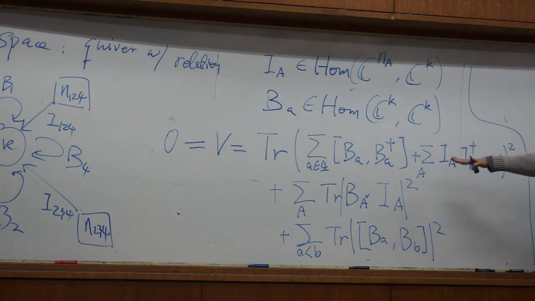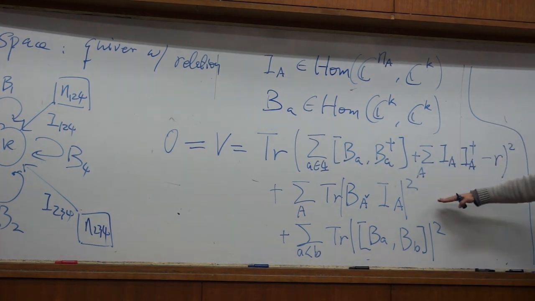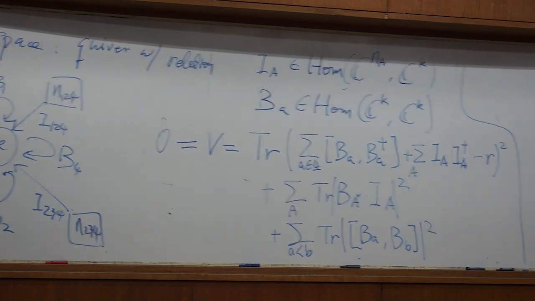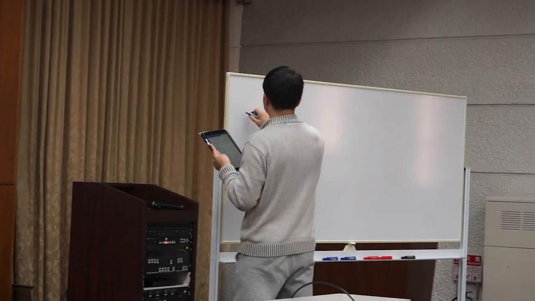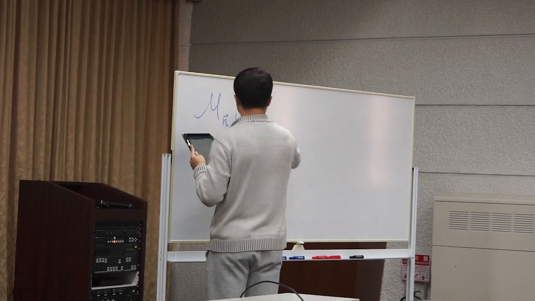Because this V is a sum of squares of 3 different terms, and each term is greater than or equal to 0, the total V equal to 0 imposes 3 relations, and each of them has to be 0. Actually, let me write it here, because I'm going to use it. So in the end, the moduli space can be redefined like this.